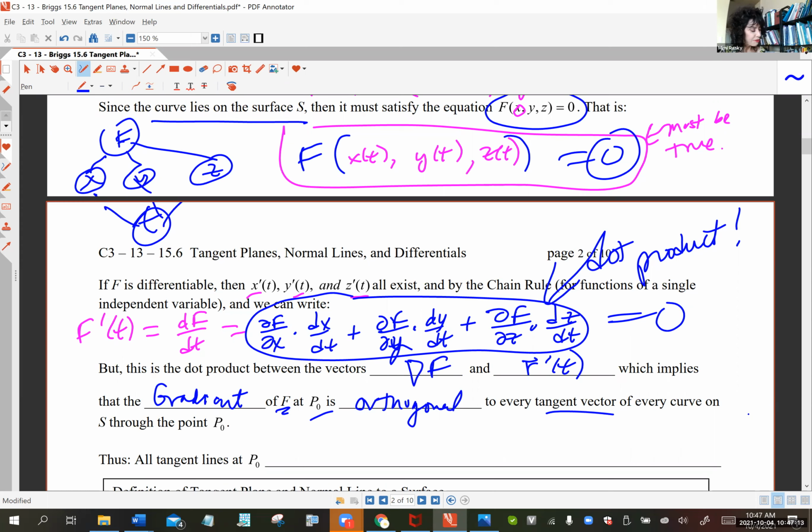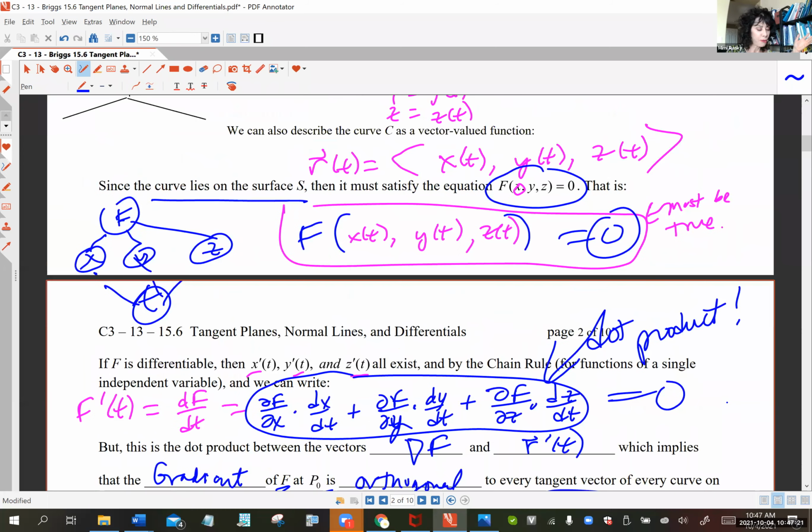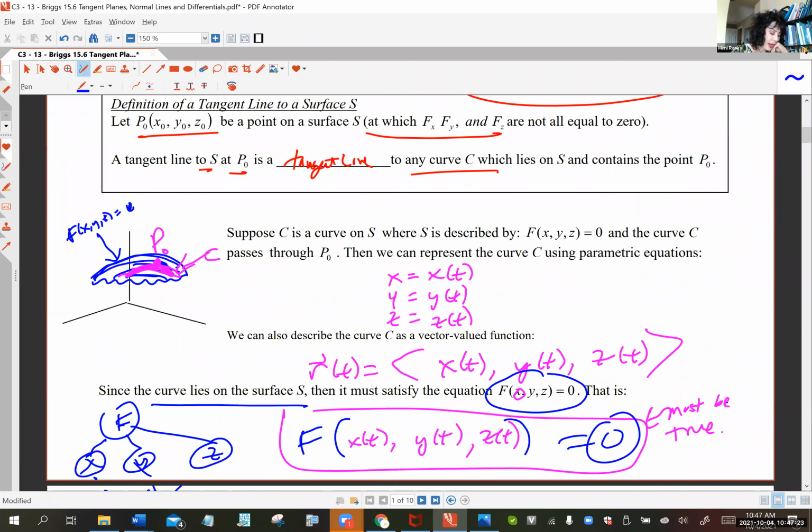We'll let that soak in for a minute. I'm not sure if you really grasp the full impact of that. What does it look like visually? So if I go back to my picture here, what am I saying? If I draw a little tangent vector to this curve, I should probably use a different color. How about red? Tangent vector, there's r prime, and the gradient, big del F, is going to be orthogonal to that.